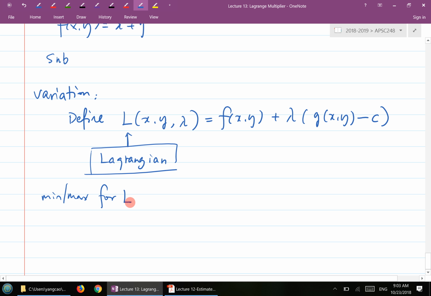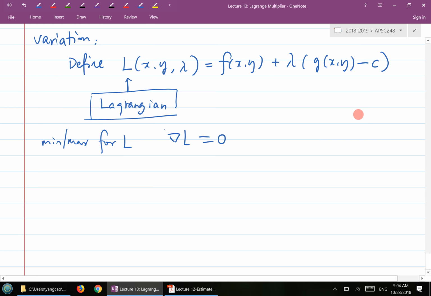First derivative test. First derivative test meaning calculating what? That's right, you calculate the gradient and then set it equal to 0. If you forget about everything, that's what you do. So let's take a look at what gradient L equal to 0 gives us.